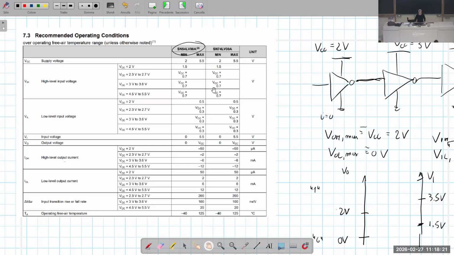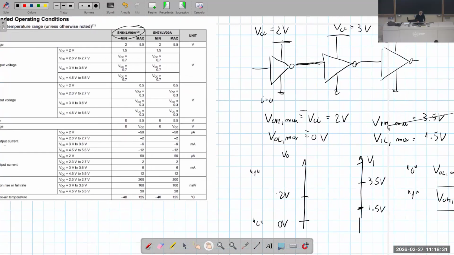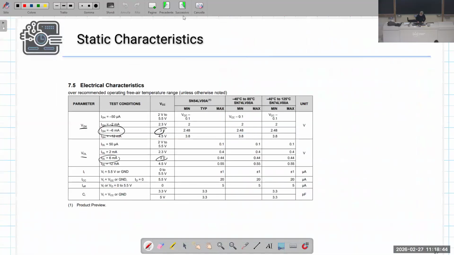The range, actually, these calculations refer to this case. I should take these values from this table.